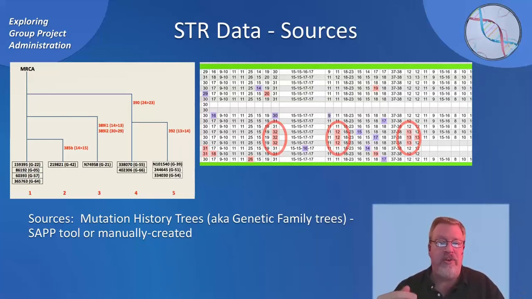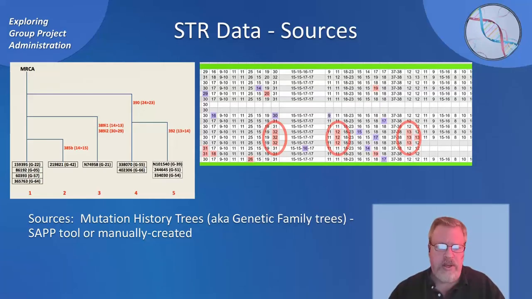It's not unusual for two people to share a value but not be connected. But once you start having three, even two sometimes can start to point to a branch, but three or more is a very definite indicator that these three people all share a closer common ancestor where those mutations happened, and they just happen to be descended from it. So that kind of pattern can come out through a mutation history tree.